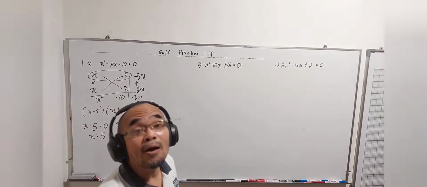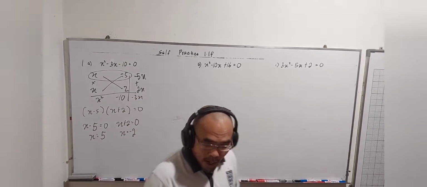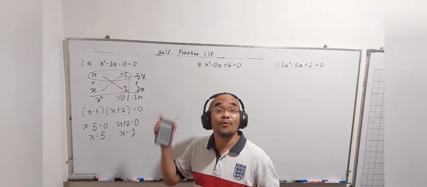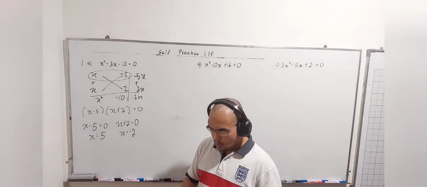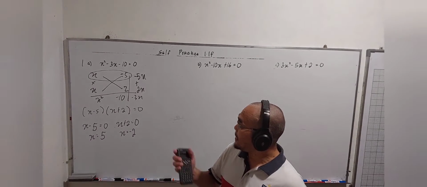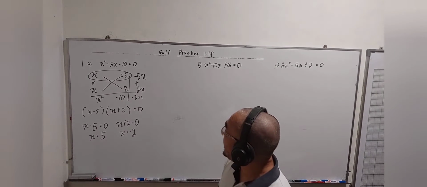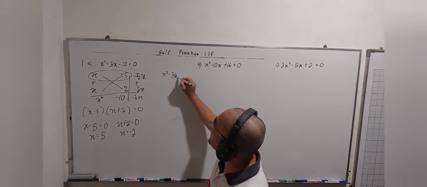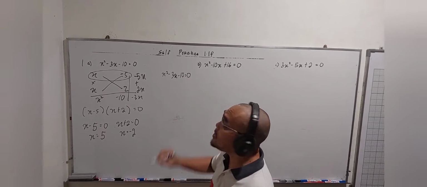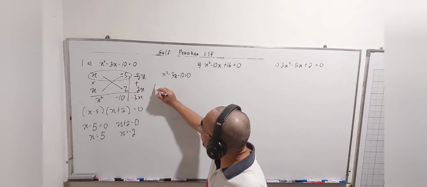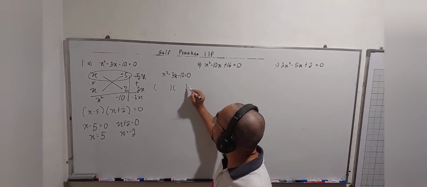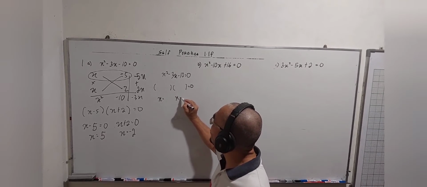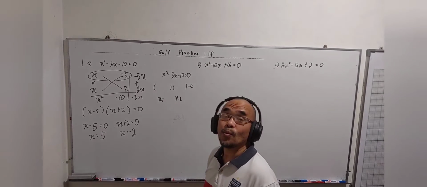we can use the calculator also. Alright, so I'm going to use the calculator for question number 1. So how to use the calculator? You have to rewrite this as x squared minus 3x minus 10 equals 0. Using the calculator means that you just write down two brackets here and then write down the x1 and x2, the first one and the second one.